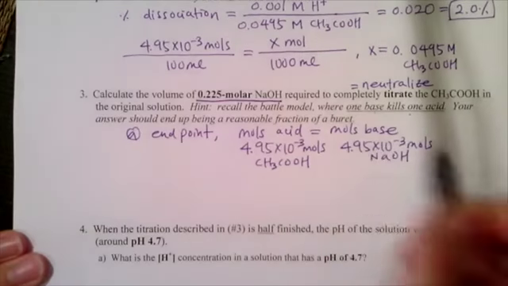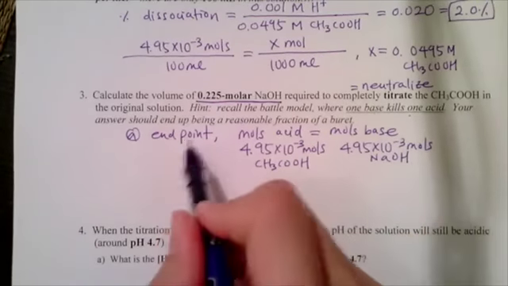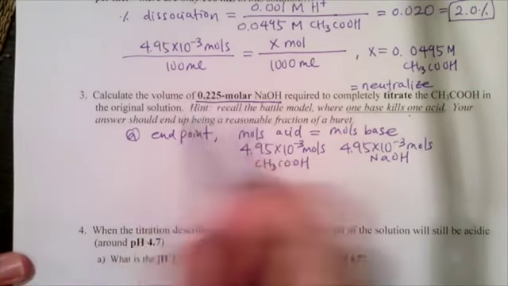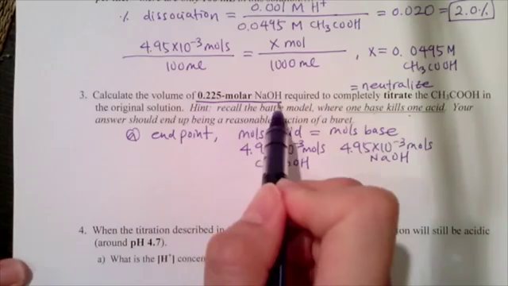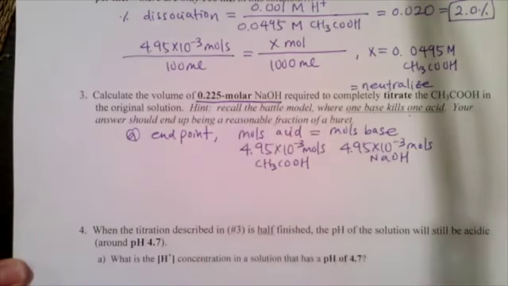Now, we already know how many moles of base we need at our end point of titration, and we know the concentration of sodium hydroxide solution that we're using. So this is a one-step conversion that we have to do so that we can calculate the volume of this solution that we need.